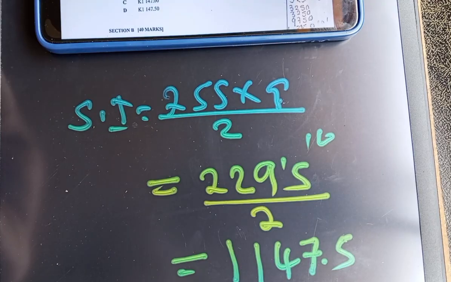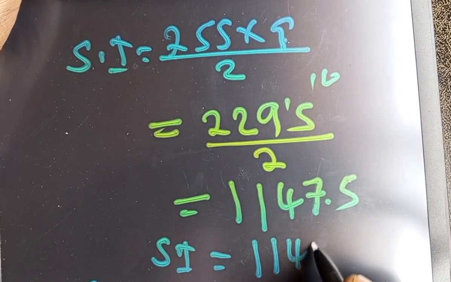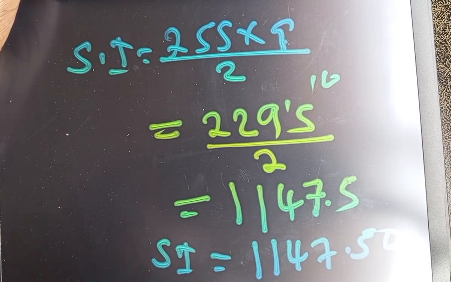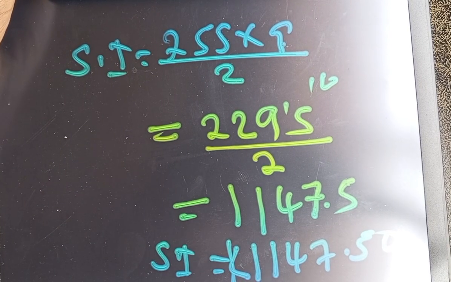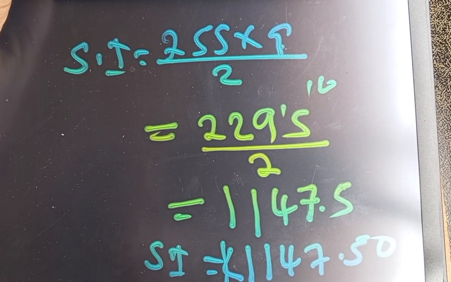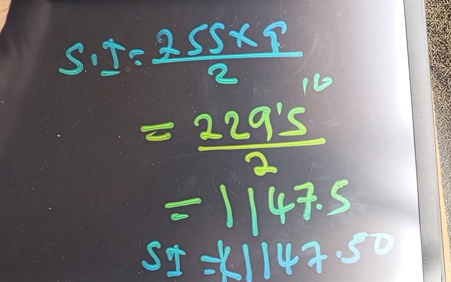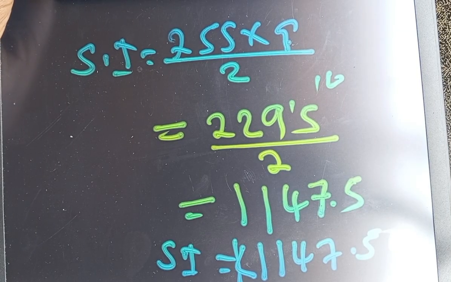So the simple interest is supposed to be 1147.50. Looking at the answers, the answer here is D. Okay, we'll look at section B in the next video.